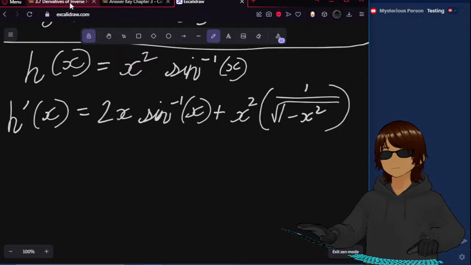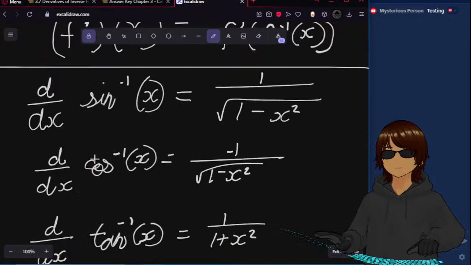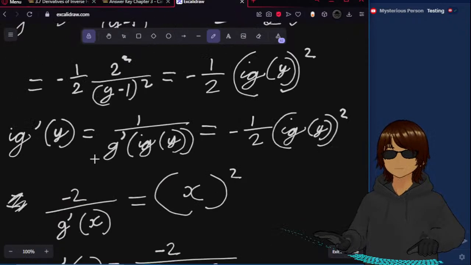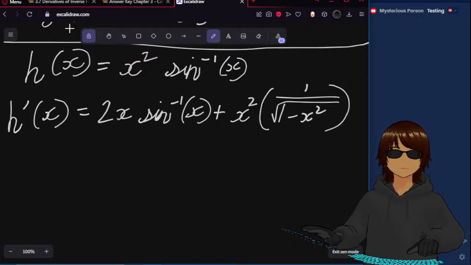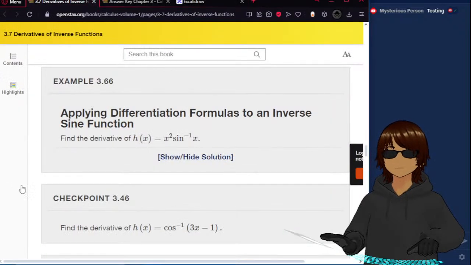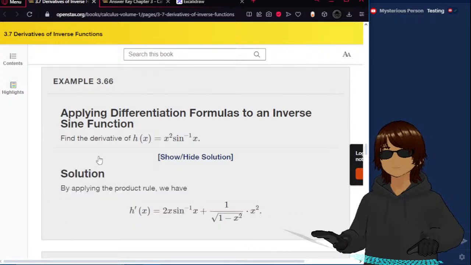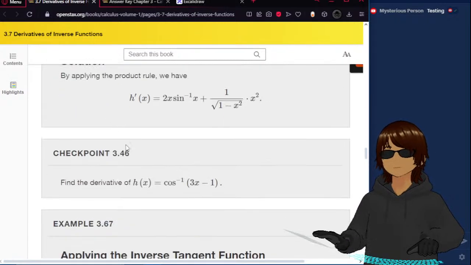Is this correct? Yes. So that's it, that's the derivative. Or is there a way to simplify? Nope, this is the answer.